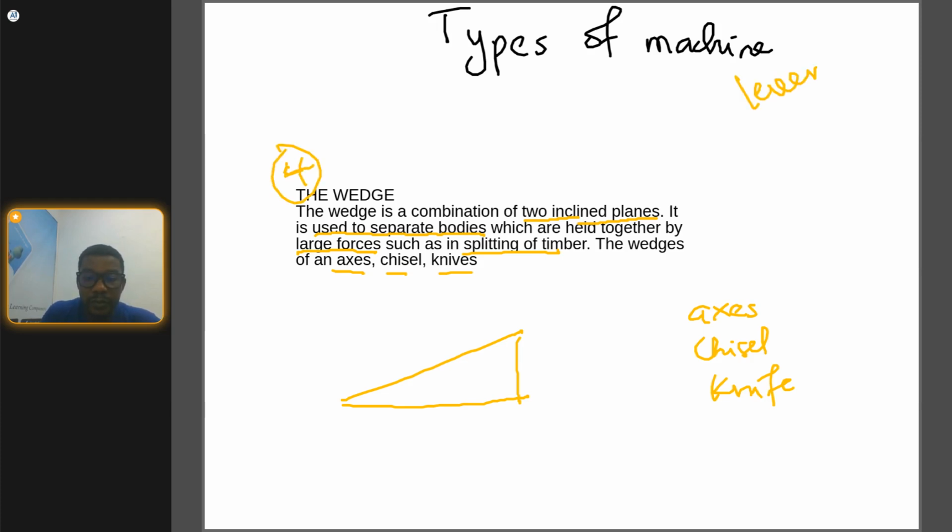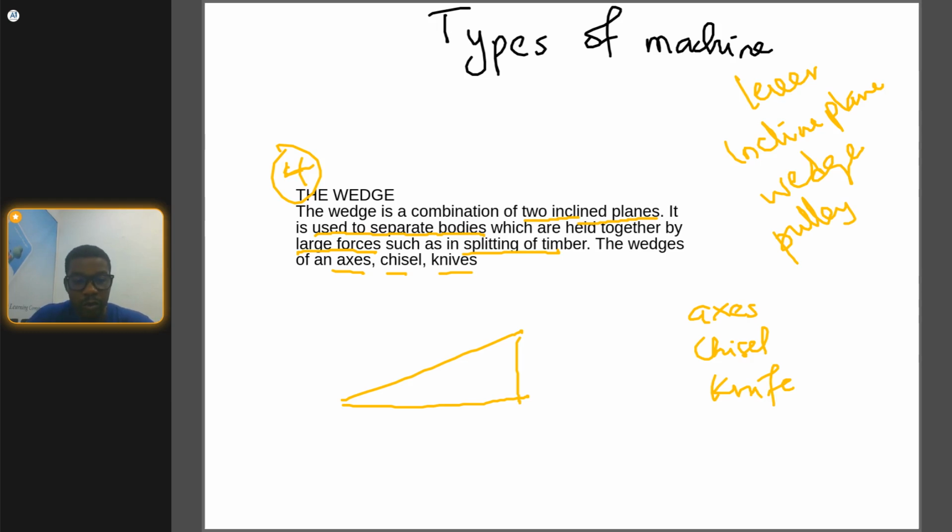We've discussed the inclined plane as a type. We've also discussed the wedge as a type, and also we've discussed the pulling system as a type of what?